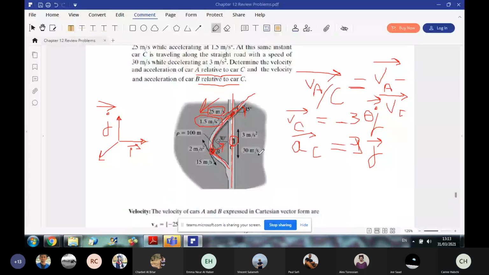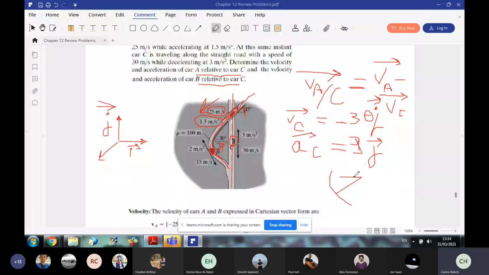B is moving on a curved path, and they gave me that this path has a radius of 100 meters, and at this instant the radius is making an angle of 30 degrees with the horizontal line.